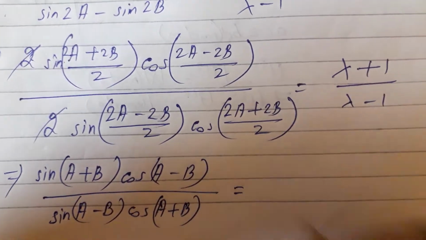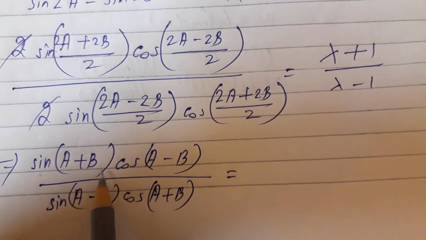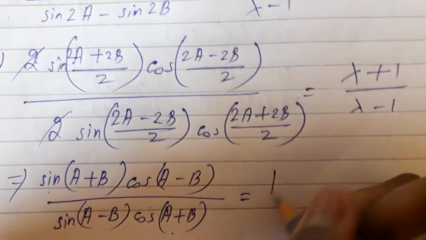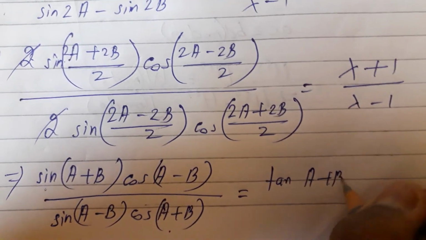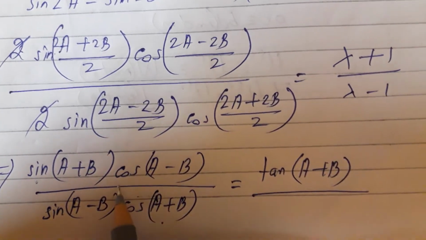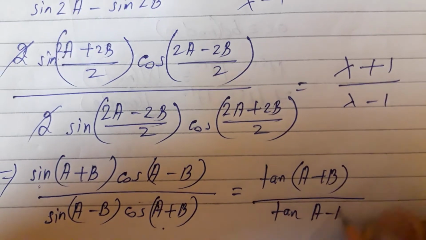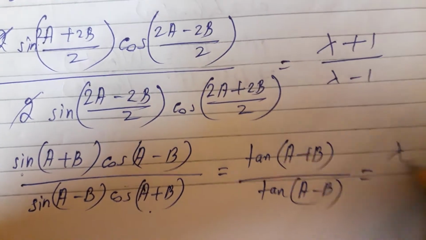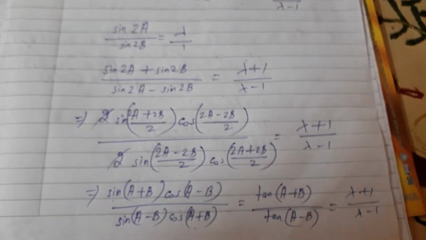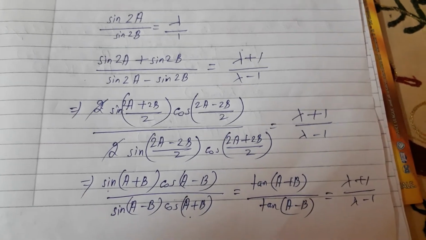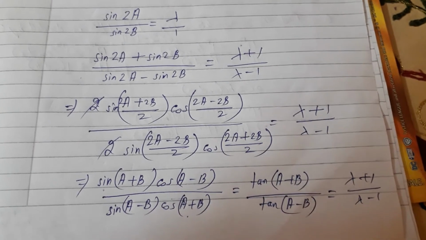So this equals what? Sin (A plus B) by cos (A plus B) means tan (A plus B), divided by sin (A minus B) by cos (A minus B), that is tan (A minus B), which equals (lambda plus 1) by (lambda minus 1). So this is the first one. This is the most simple sum. I think you have understood. Only you have to use the formula here.